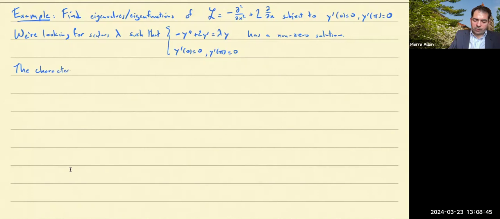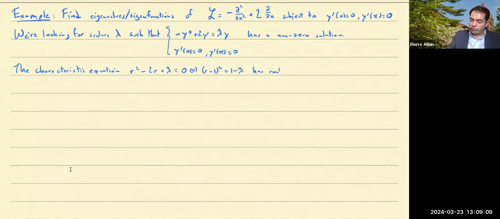The characteristic equation here would be r squared minus 2r plus lambda equals 0, which I can rewrite as (r minus 1) squared is equal to 1 minus lambda.